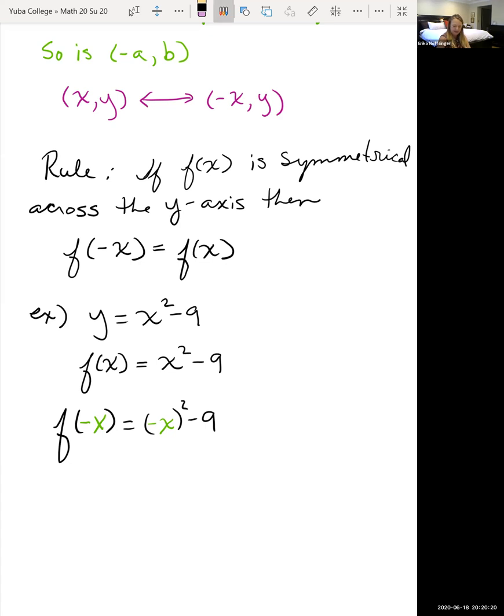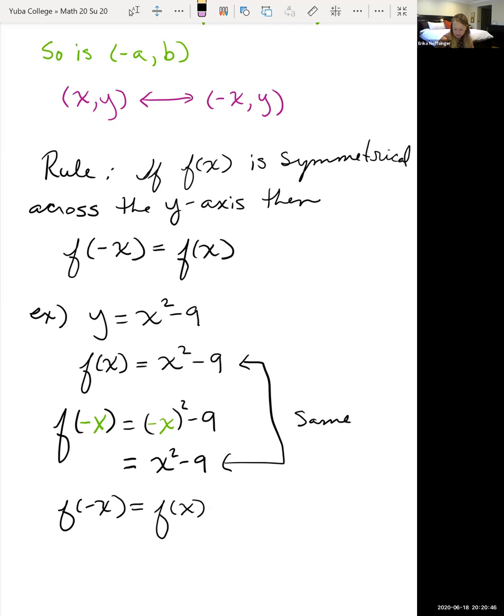Well, negative x times negative x is positive x squared minus 9. So f of negative x is equal to that original function we started with. Therefore, f of x is symmetrical across the y-axis.